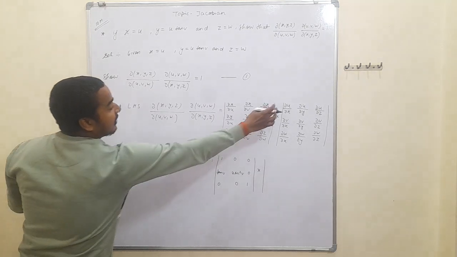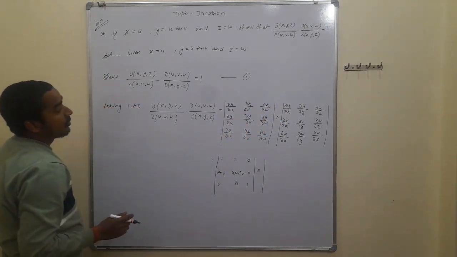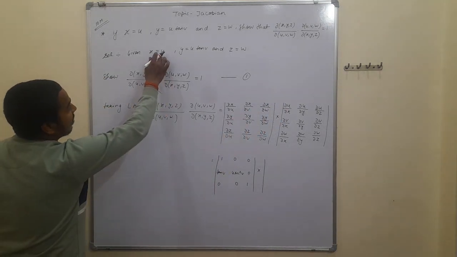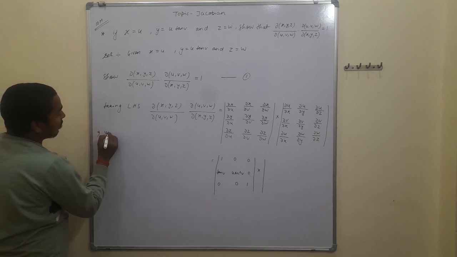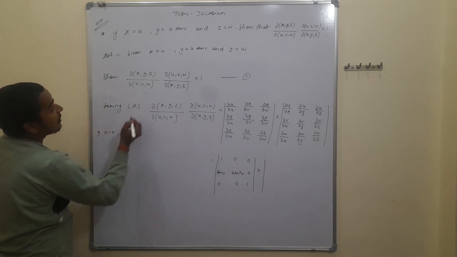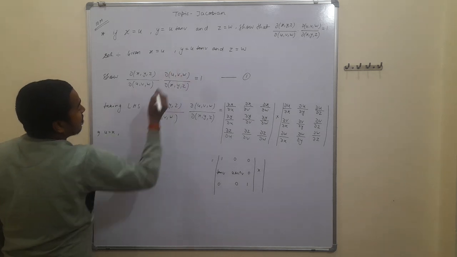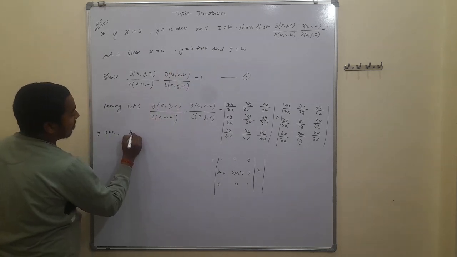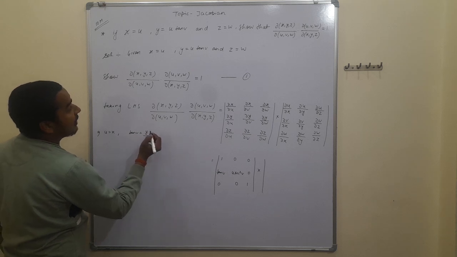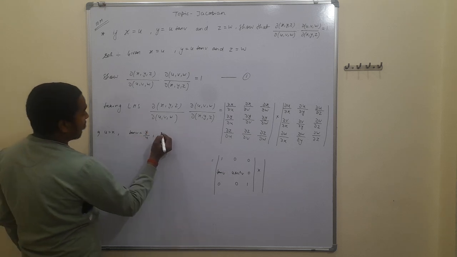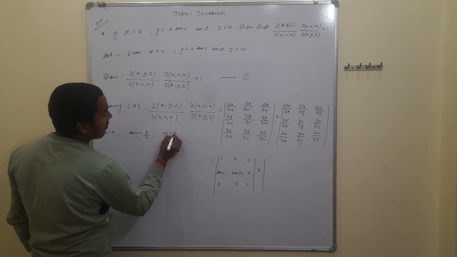We have to find ∂u/∂x. We have to first write the given values: u is equal to x, tan v is equal to y by u, and w is equal to z.